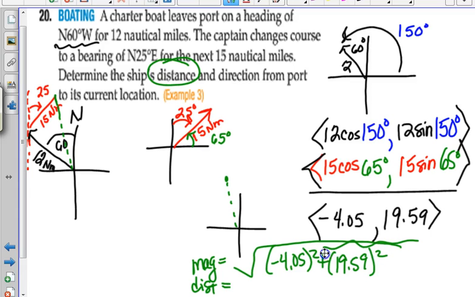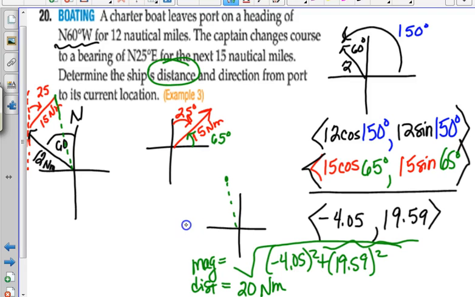Oh, I square rooted it twice. That's why I'm so confused. I got 20.0. Yes. Okay. What did you get? Okay. 20 nautical miles, right? Whatever that is. Okay.